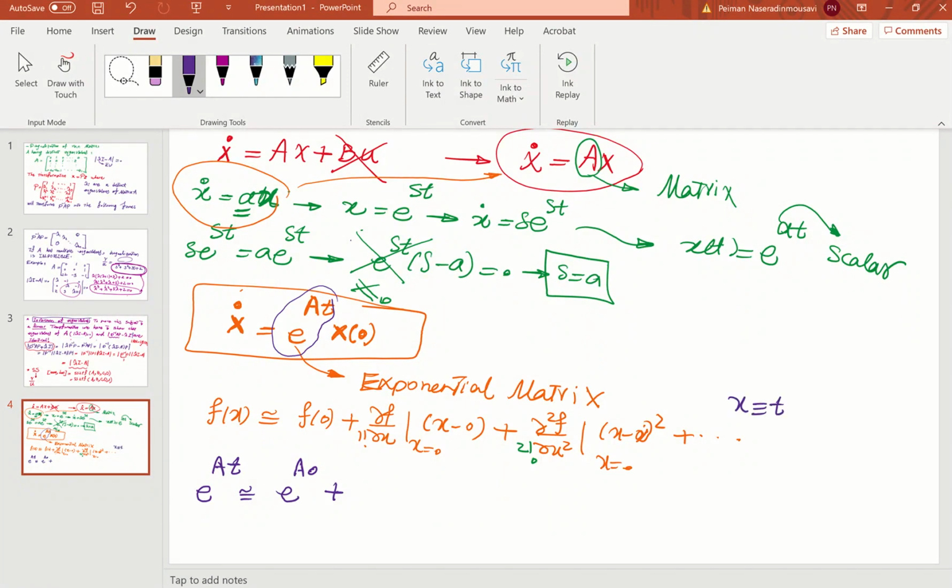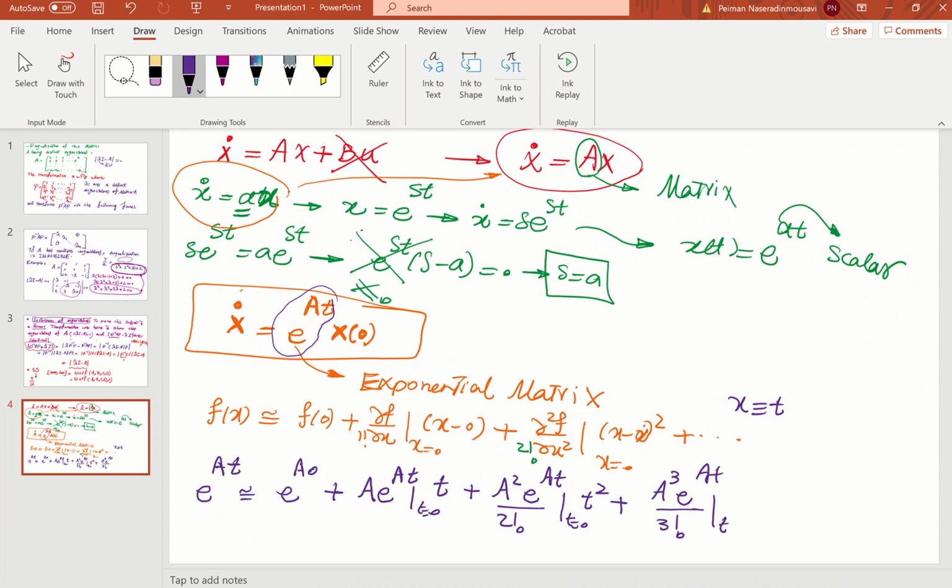So it's going to be A e to the At at time 0 times t, plus the second time derivative is going to be A square e to the At over 2 factorial, again at time 0, now t square, and continues, that's right, A cube e to the At over 3 factorial, again at time 0, times t cube, and continues. First of all, A is a matrix.